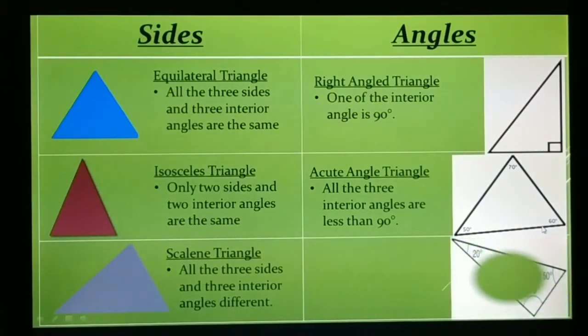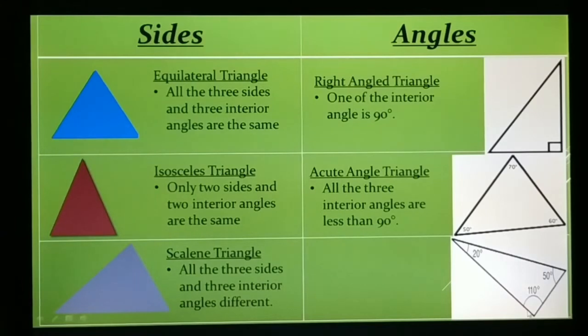Another type is a triangle whose one angle is more than 90 degrees. It can be 91, 92, 93, 110 degrees, 120, 170, and so on.